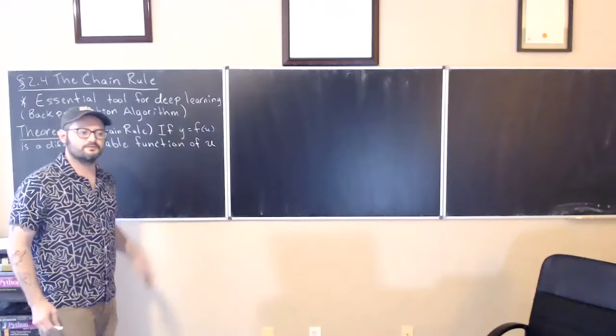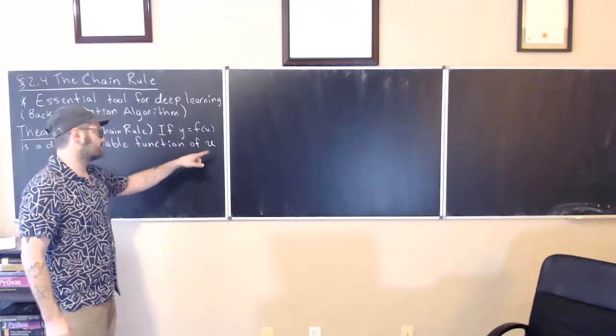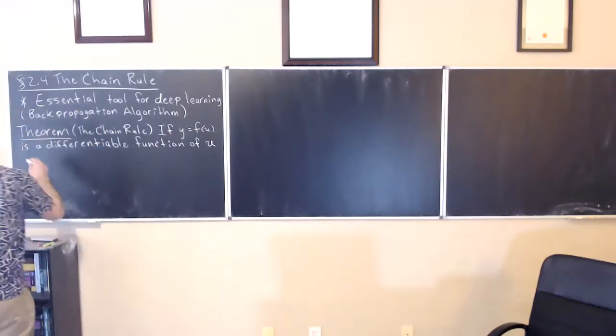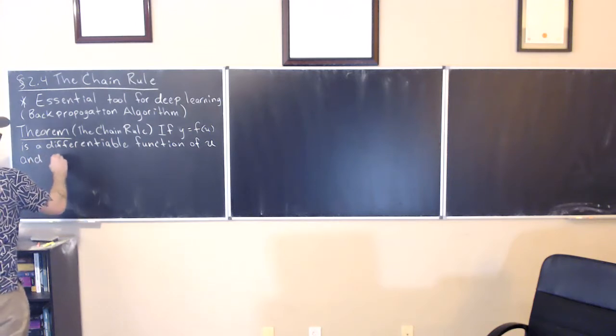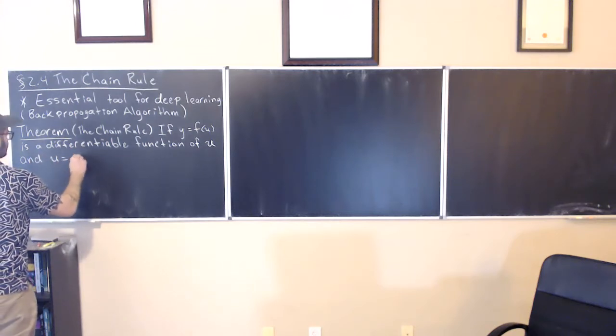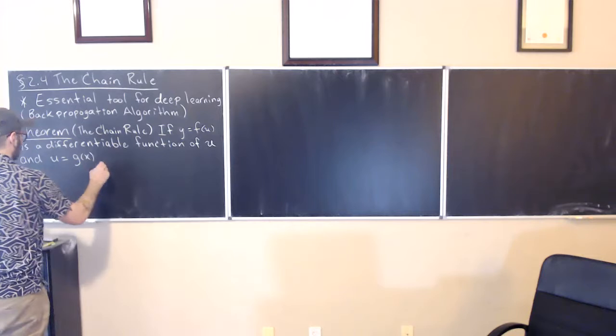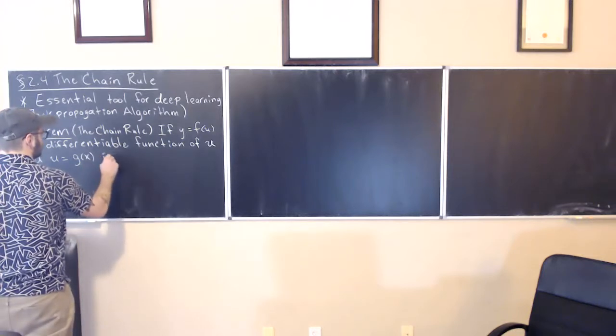So y is just some function of u, and it's a differentiable function of u. And u equals g of x is a differentiable function of x.